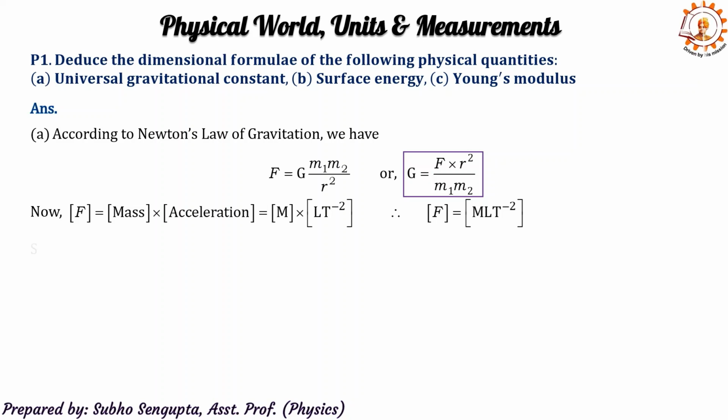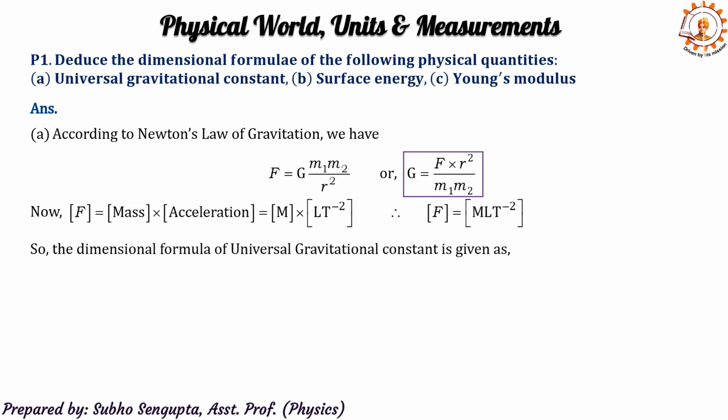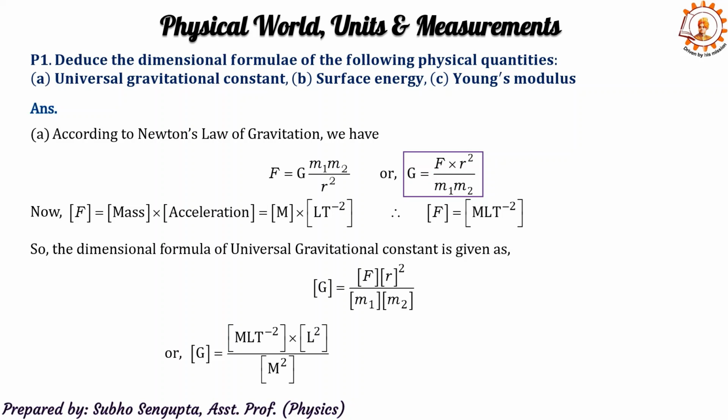Now, the dimensional formula of universal gravitational constant can be obtained by substituting the dimensional formula of each quantity in the expression of G and simplifying the equation. Hence, we obtain the dimensional formula of universal gravitational constant as [M^-1 L^3 T^-2].